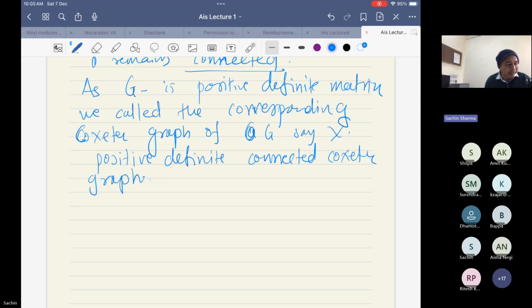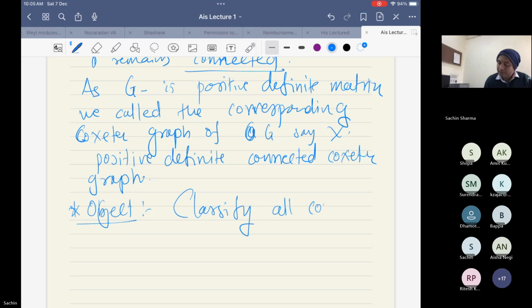The main object today is to classify all connected positive definite Coxeter graphs.